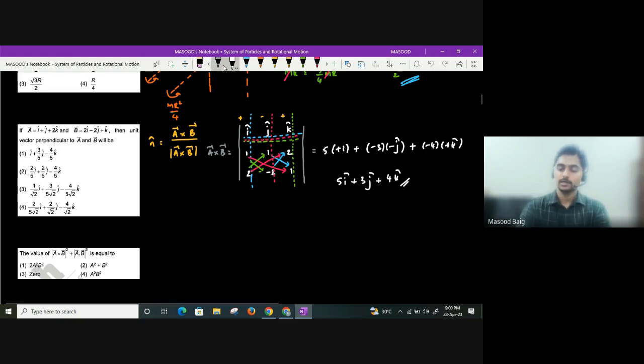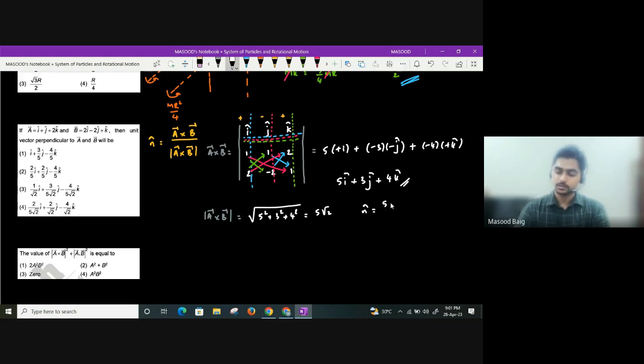Now what will be the magnitude of this? Magnitude of A cross B if you take, what will I get, beta? You'll get it as under root of 5 square plus 3 square plus 4 square, which turns out to be 25 plus 25, which is 50. You will get it as 5 root 2, beta. So what is n cap now?